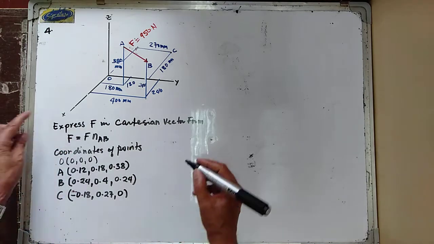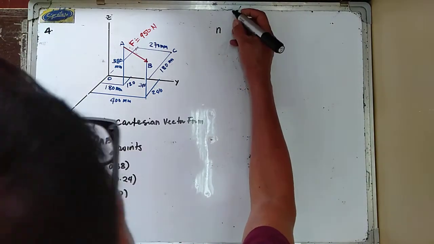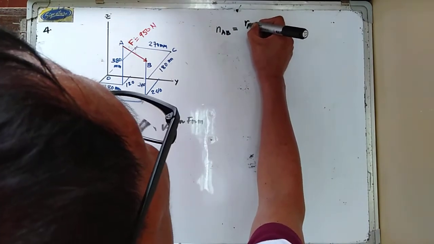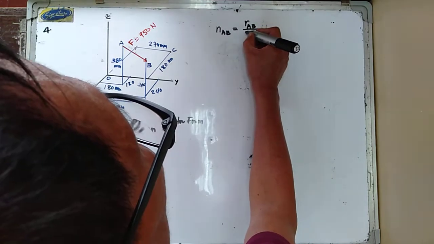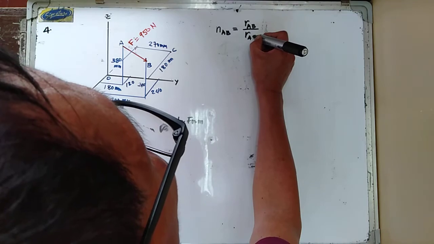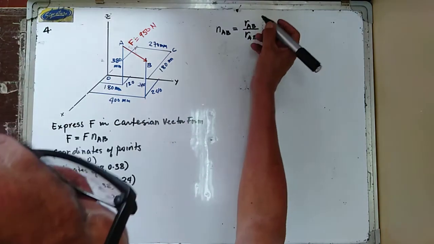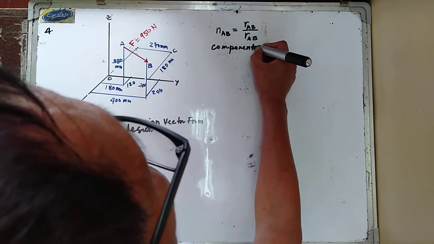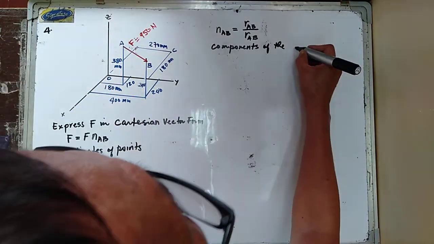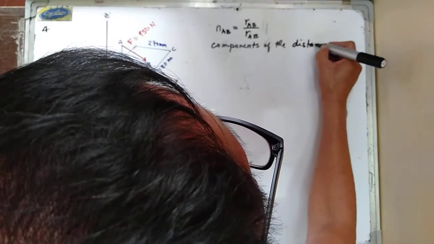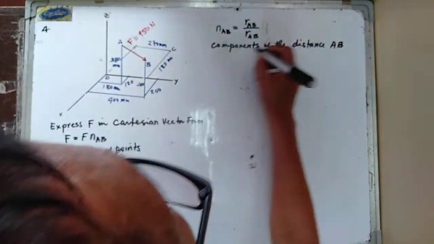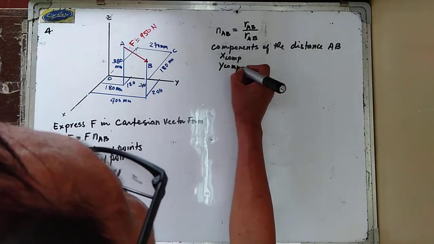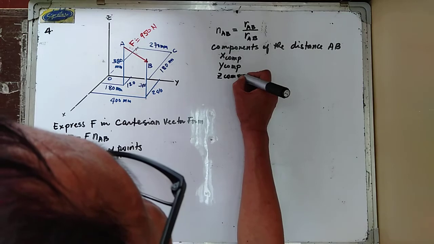So let us try to determine now a unit vector AB. This is equal to a vector distance AB all over the magnitude of this vector distance. So, components of the distance AB, we have the x, your y, and your z.